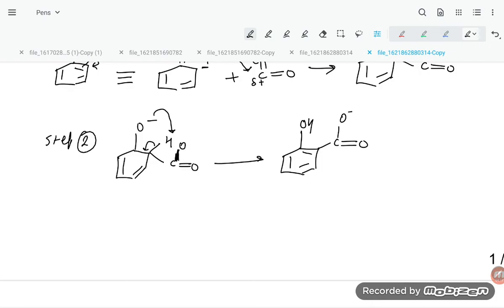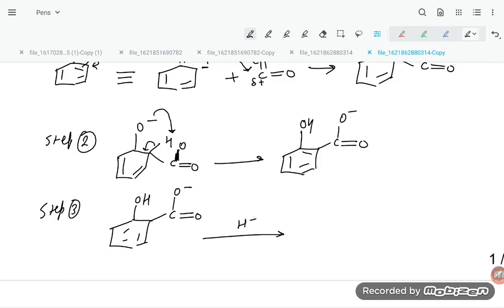Now let us move on to step number 3, that is hydrolysis. In the hydrolysis, absorption of a proton takes place. So OH is there, CO minus, and the double bond. It will absorb an H plus ion.